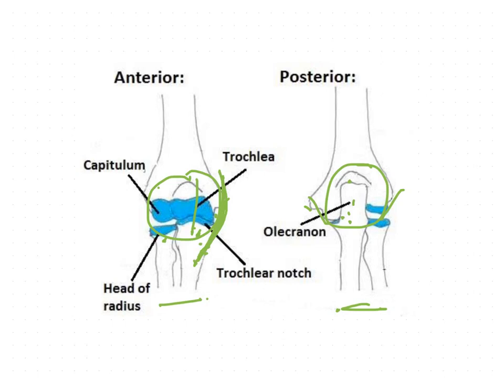And the muscles, the flexor carpi ulnaris and the pronator teres, overlay the anterior bundle of the medial collateral ligament, and these muscles also give medial support to the elbow.